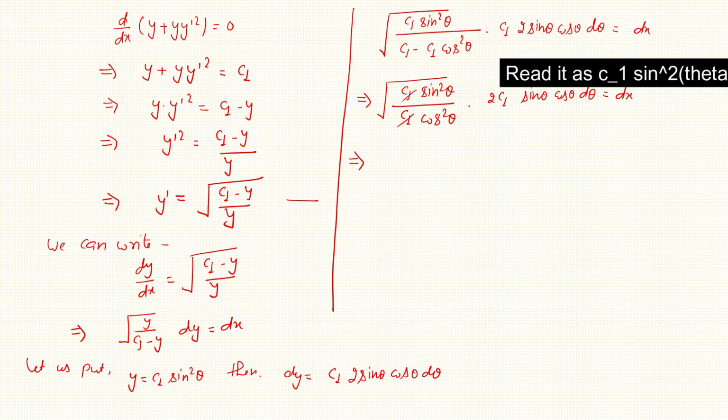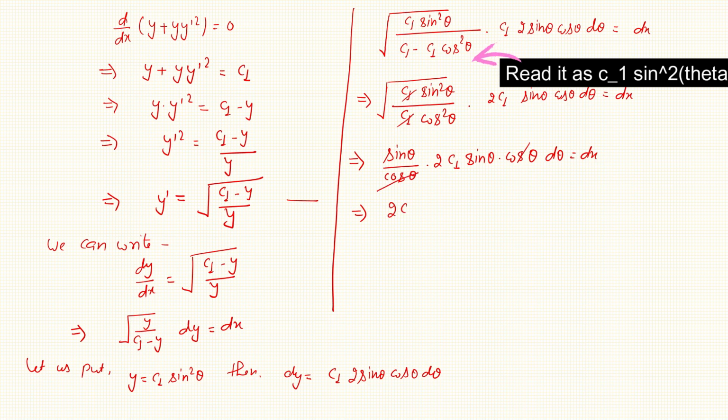This will cancel out, and this will be sin theta upon cos theta into 2c1 sin theta into cos theta d theta is equal to dx. And this will cancel out.